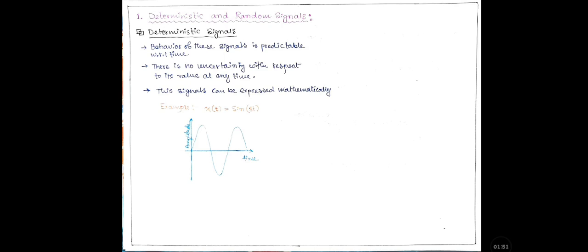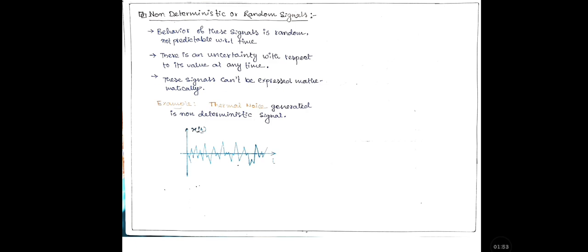And next, non-deterministic or random signals. The behavior of these signals is random, not predictable with respect to time. There is an uncertainty with respect to its value at any time, and these signals cannot be expressed mathematically.